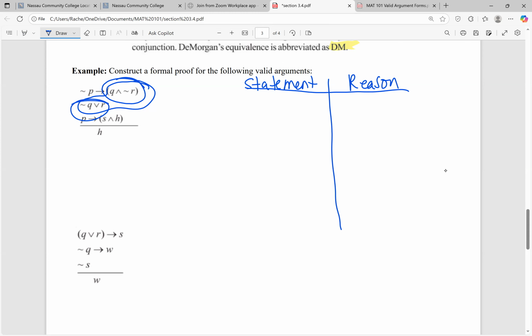So this is what I'm going to do. Because it would be nice if I have them the same, right? Because if I have a statement that's Q and not R, I'm thinking, or the negation of that, I could use modus tollens. So let's start with that second premise. So let's state not Q or R. And that's equivalent to negating what and statement, right?